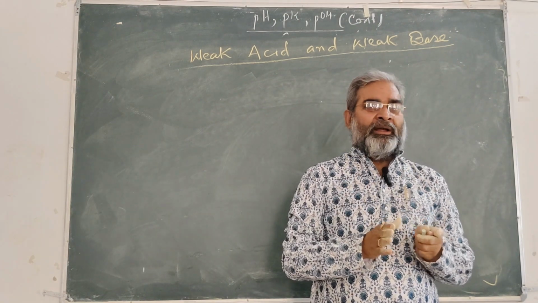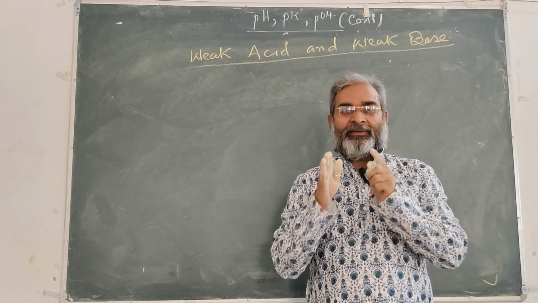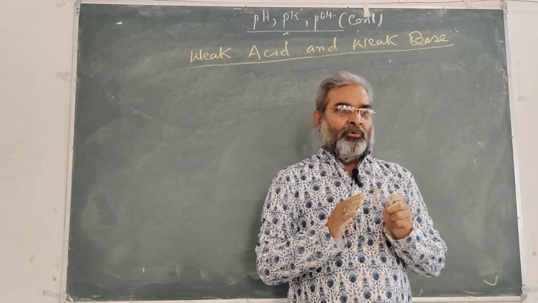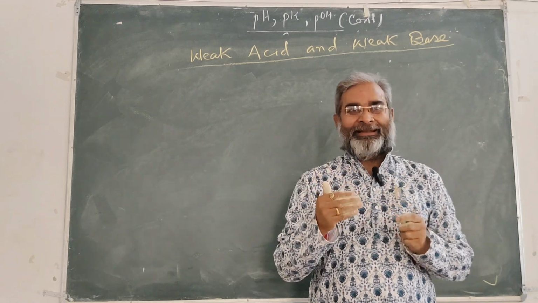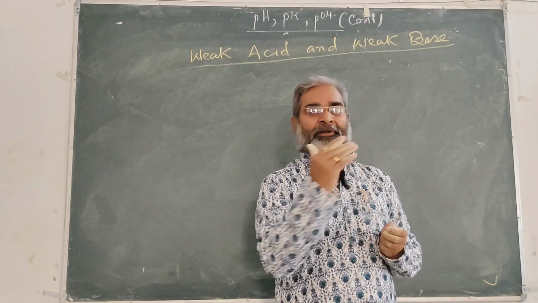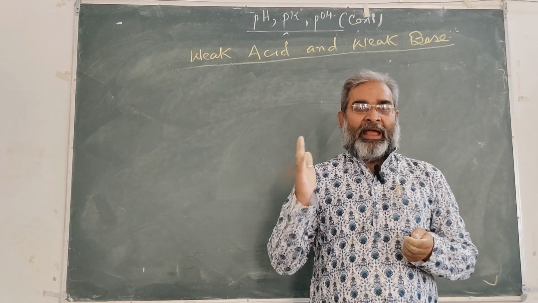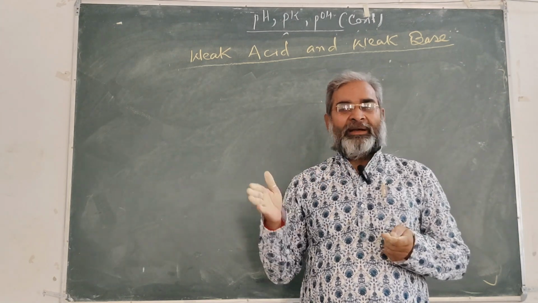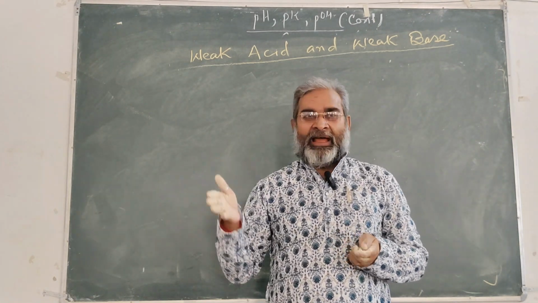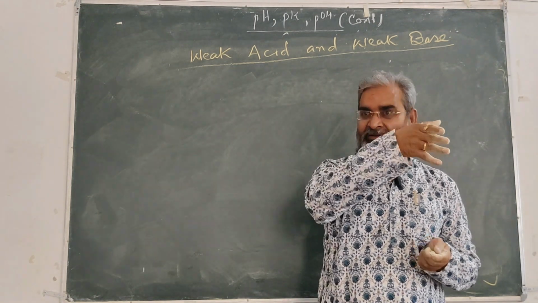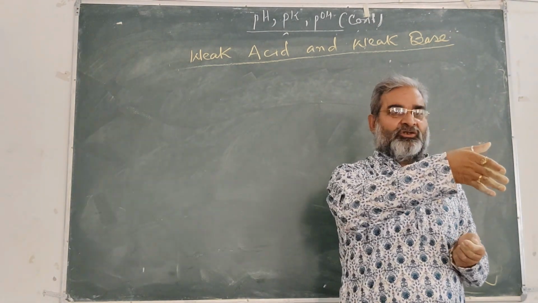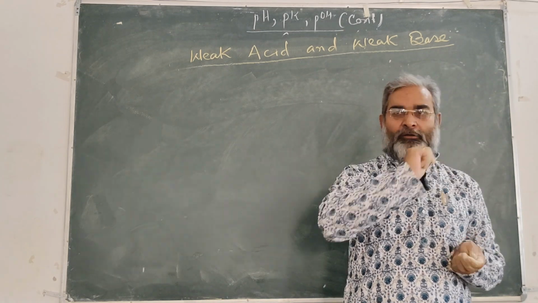We are saying that if the acid and base are weak, then, as we said, if strong then 100% H plus and OH minus are ionized, and if the H plus or OH minus are ionized, then they have an effect on the pH. That is the concentration of H plus and OH minus in the solution.